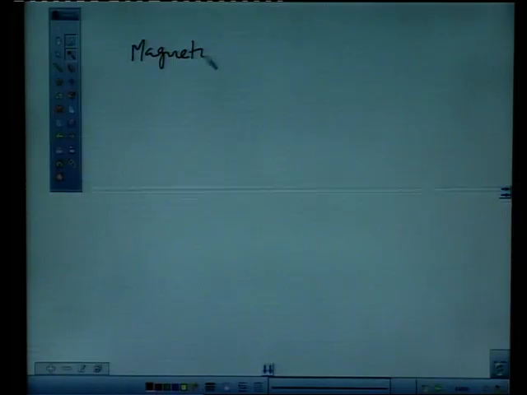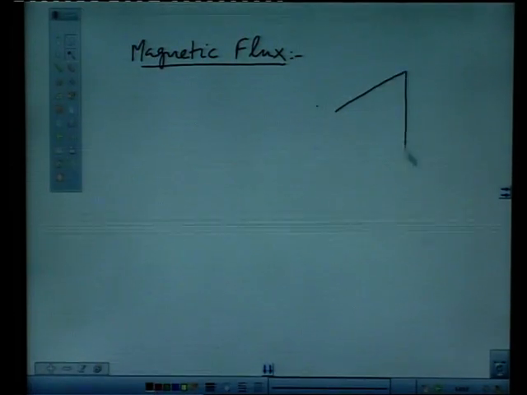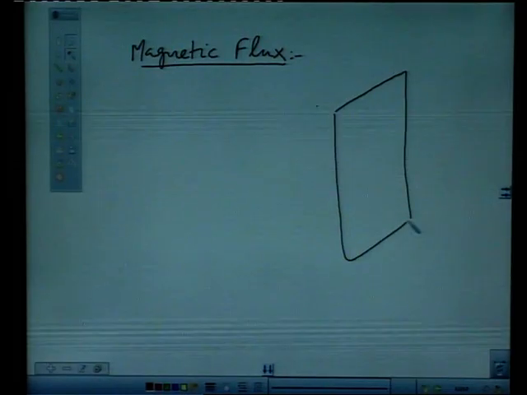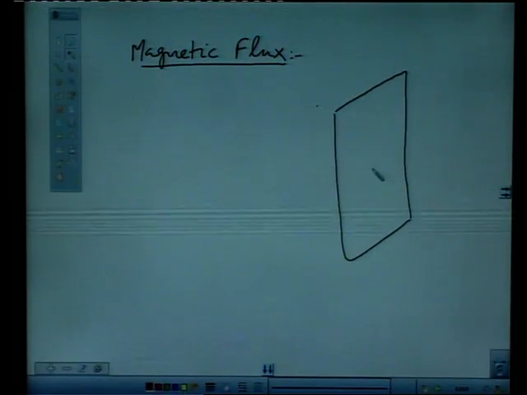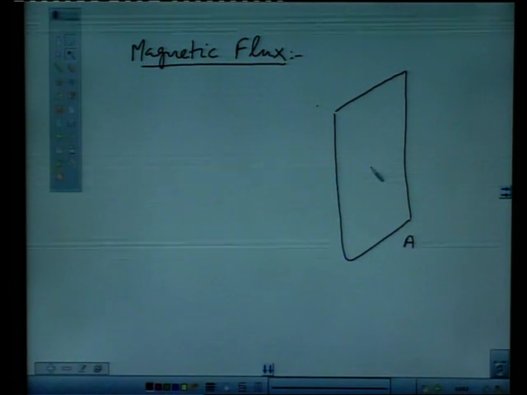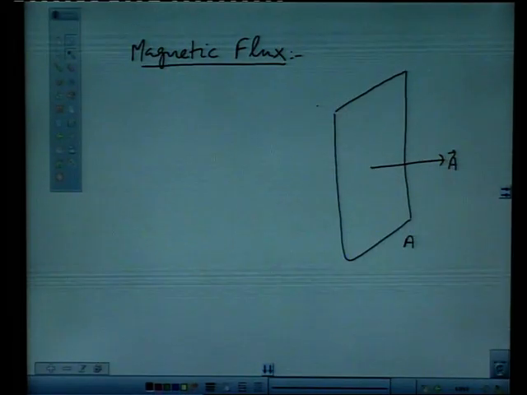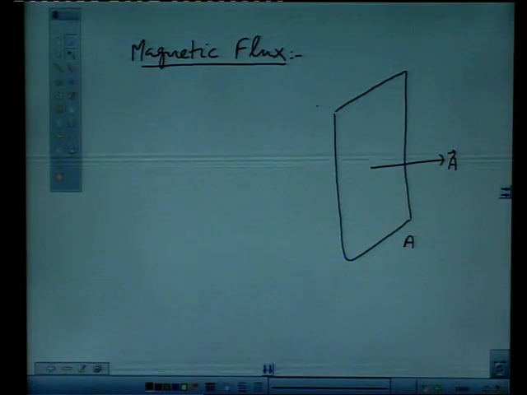Next is magnetic flux. So let us draw a diagram. Suppose we have a given area. This is the area, having surface area A. Now the area vector is perpendicular to this surface area. It is denoted by A vector. Now let us take a magnetic field.